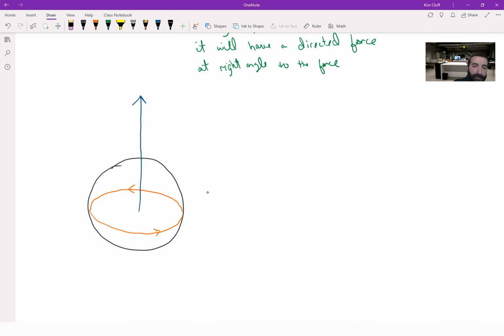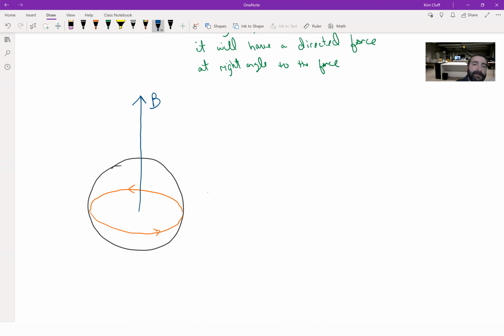When I put this in the presence of a strong external magnetic field, the magnetic moment will align itself to that external magnetic field, but because it's spinning, it won't align perfectly. Instead, it'll wobble around that external magnetic field or precess around it.